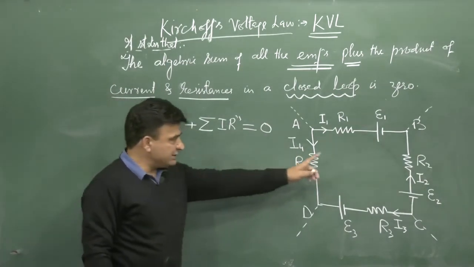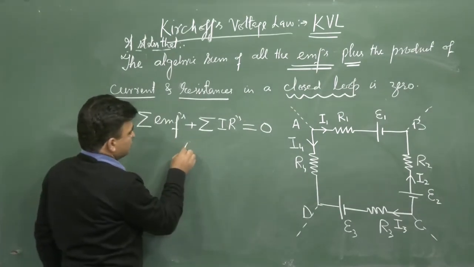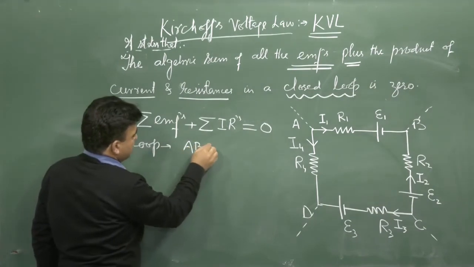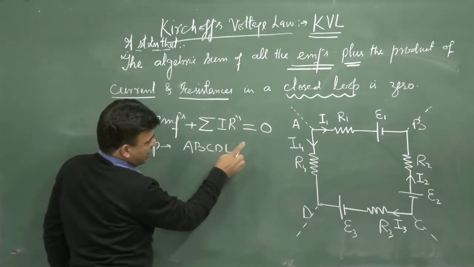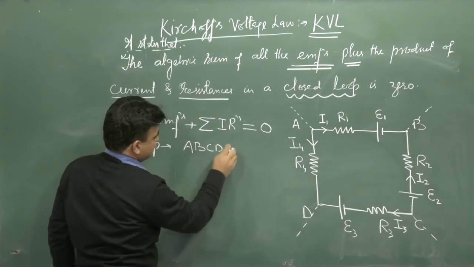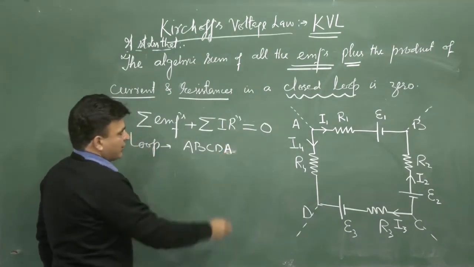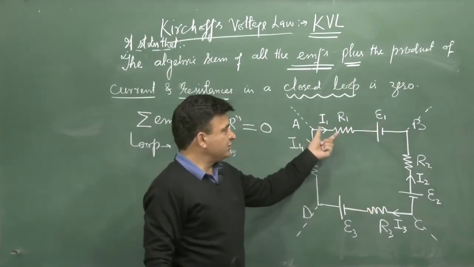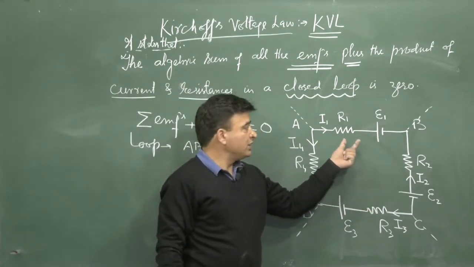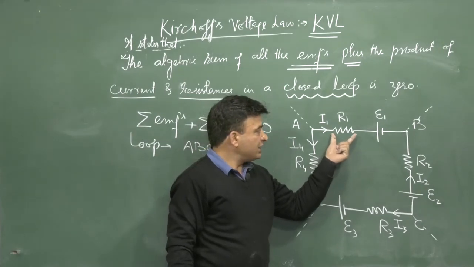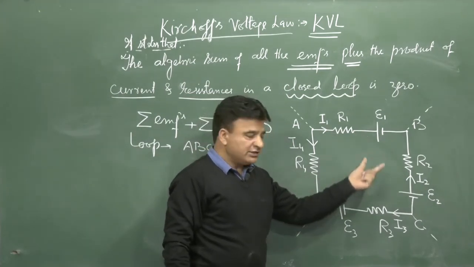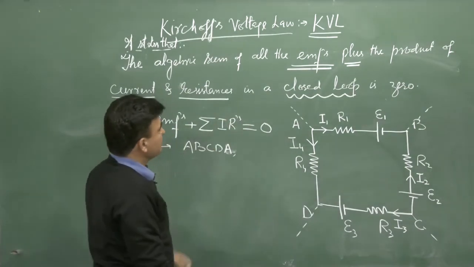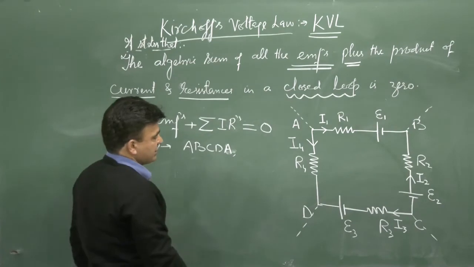While applying this in a closed loop, consider the closed loop A, B, C, D, A. Let us start from A and first of all give the sign conventions at each resistor and each cell. Then apply this equation to this closed loop, and we will have the equation for this circuit.